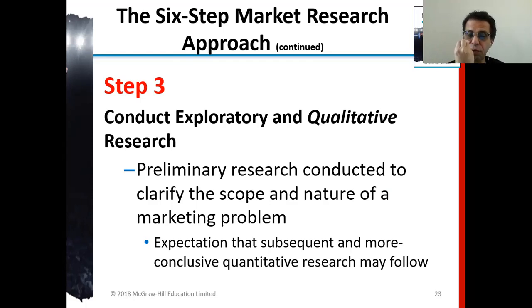Once you do the sample, you're basically looking at the expectation that subsequent and more conclusive quantitative research may follow. Let me give you an example. There were 2 results from searching for a shoe market in Africa.